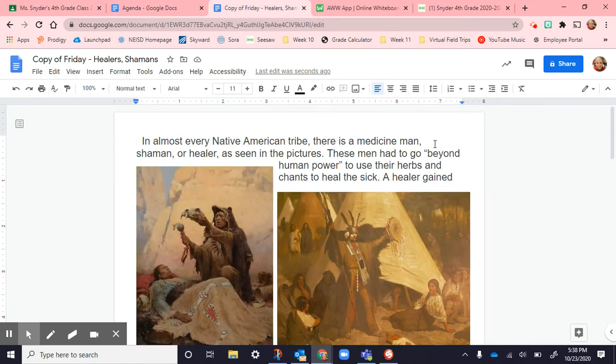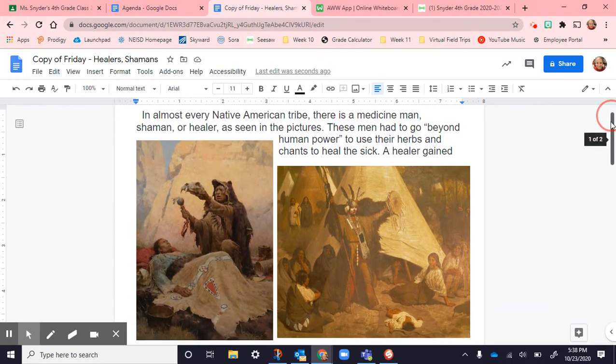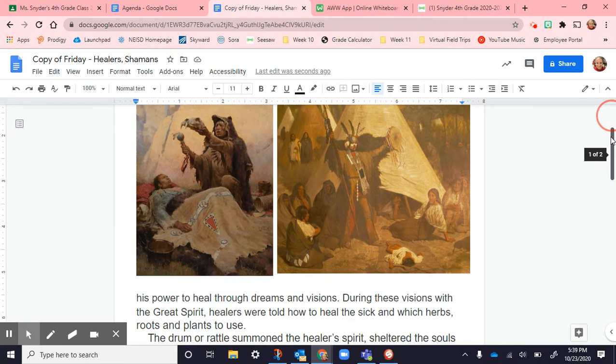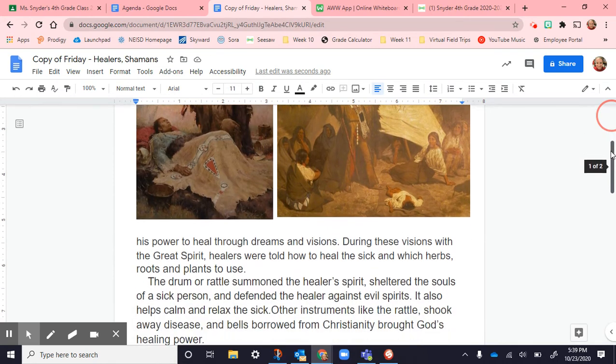Maybe they're there. These men had to go beyond human power to use herbs and chants to heal the sick. A healer gained his power to heal through dreams and visions. During these visions with the Great Spirit, healers were told how to heal the sick and which herbs, roots, and plants to use.